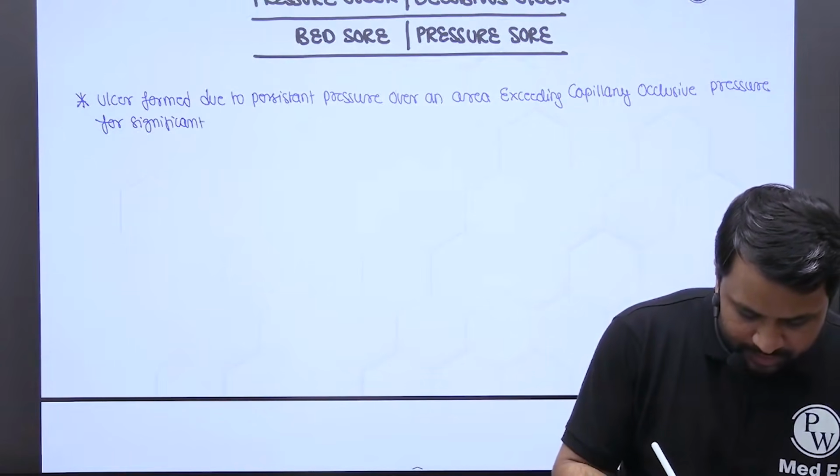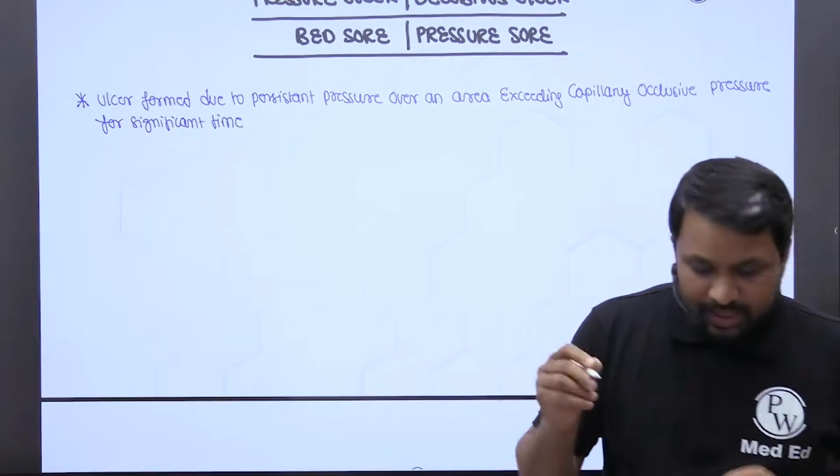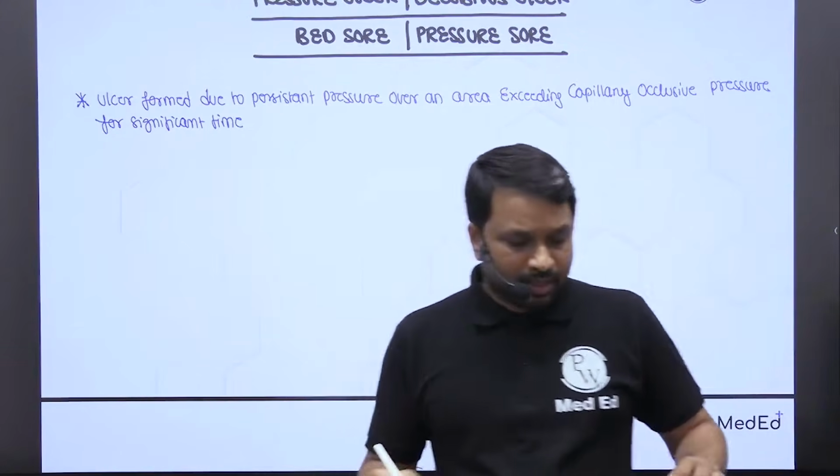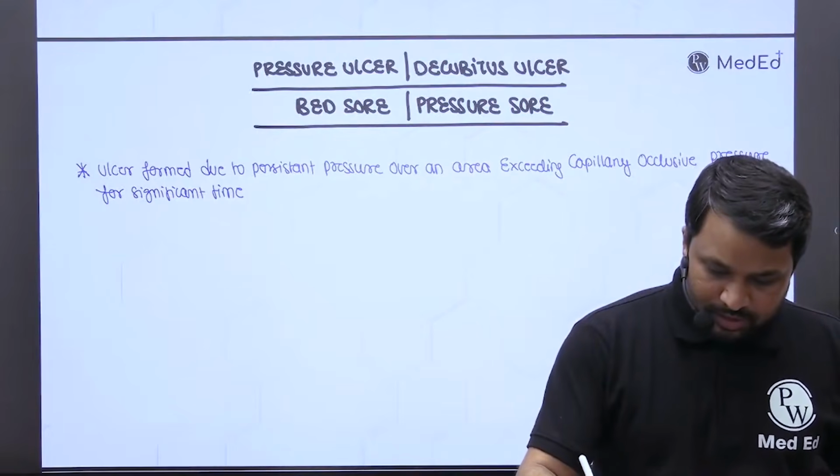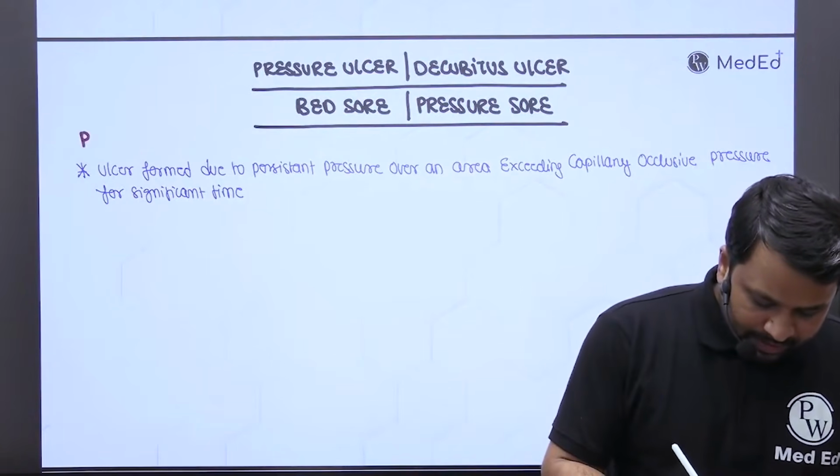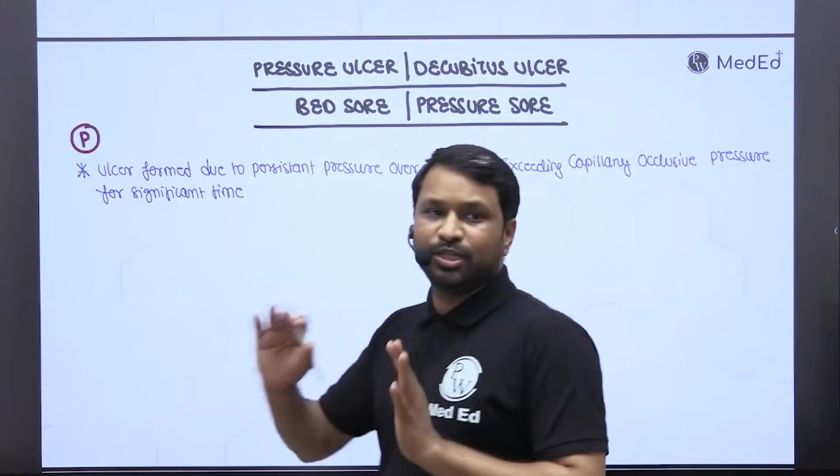For a significant time is what we call the pathophysiology, right? So this is the pathophysiology, just mention it as P. It is the definition as well as the pathophysiology of a pressure ulcer.